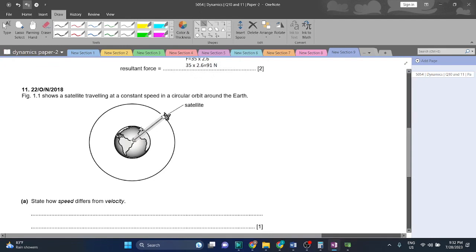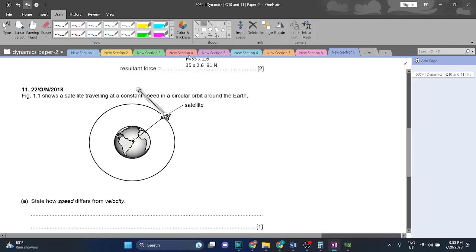If the circular path, then the resultant force will always be towards the center, and the motion will be tangent to the path. Okay? So the resultant force is towards the middle and the velocity or the motion is tangent to the path.